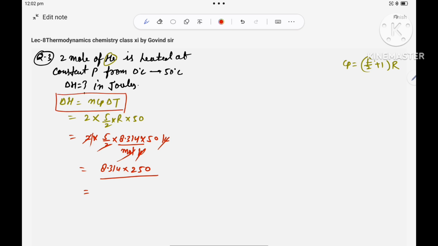For Cp, this formula you have to use. R value you have to remember: 8.314 joule per mole Kelvin. That is the value of R. Okay, so these are the small questions.